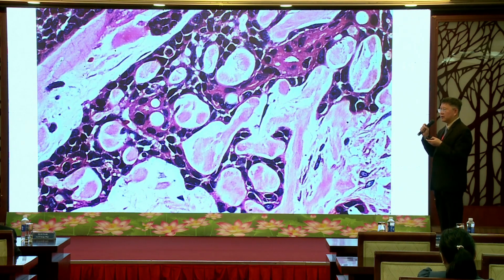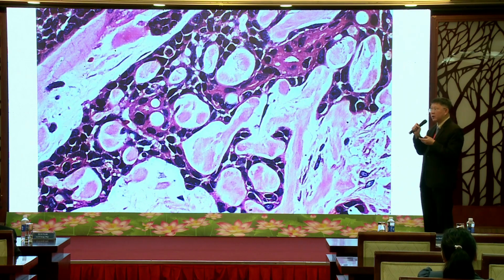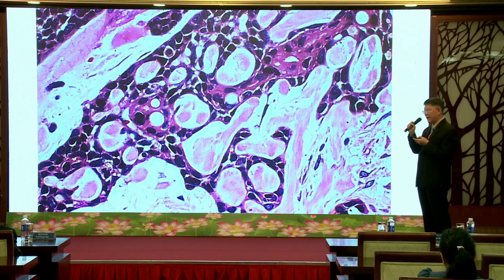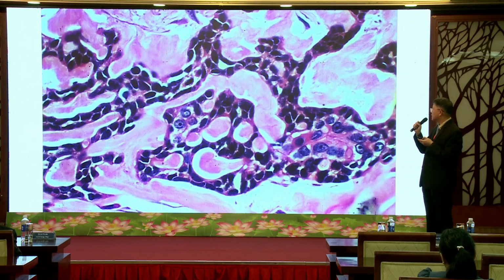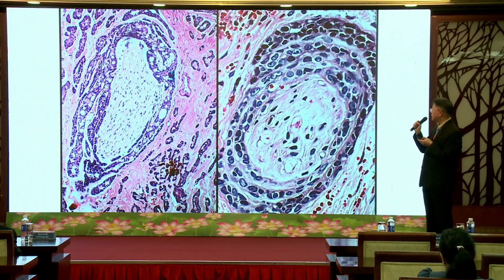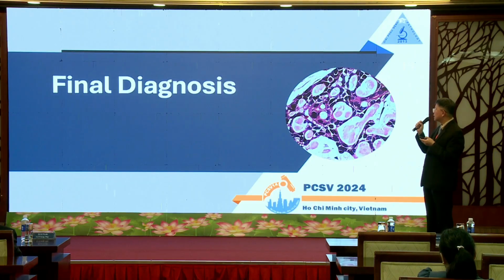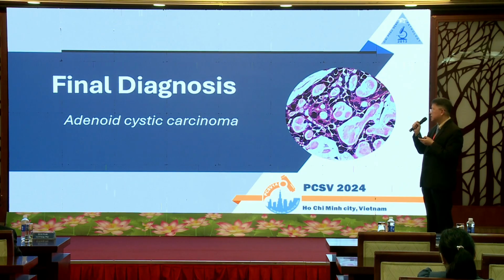But when the surgical specimen followed, it turned out to be adenoid cystic carcinoma. So this is another mistake that I have made in my experience because of the morphology. Yeah, there is perineural invasion. So this case turned out to be adenoid cystic carcinoma.